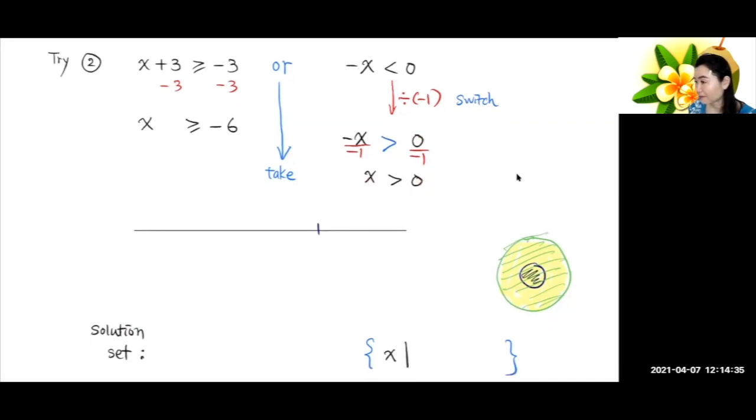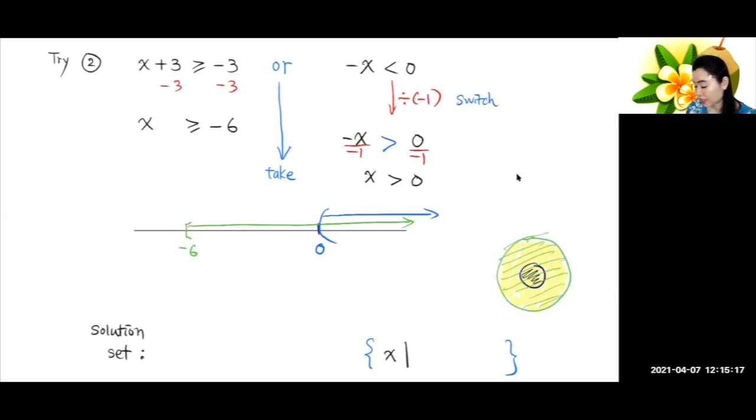Now let's graph both this one and this one. x is greater than or equal to -6. So locate -6. You shade this side right here. And then x is greater than 0. So locate 0. And then I'm going to shade the right side of 0. Now, because these two inequalities are joined by "or," you only need one of them to be true.